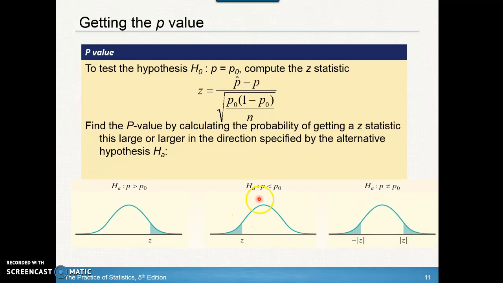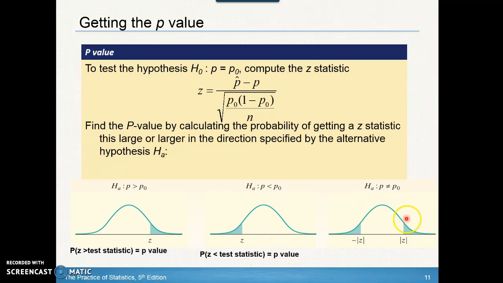Down here, if I say, hey, I think it's actually less than, what I'm going to do is take the z-score and see if it's less than the test statistic. So I'm going to find the probability that z is less than it, because my z-score is most likely going to be smaller than the null. How far away is that z-score from the null? What's the probability of getting that value or less?